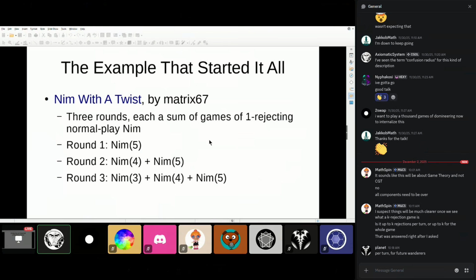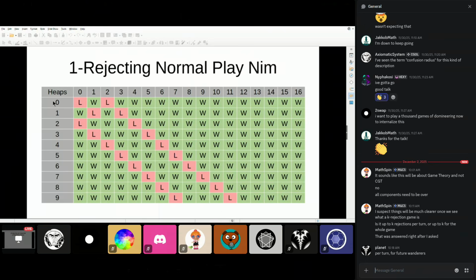So let's look at how to win this game. Here's a diagram I have of the P positions, the losing positions, for 2 heaps of one rejecting normal play nim, the game we just played. This W right here is the winning position that I just had you guys win against me.